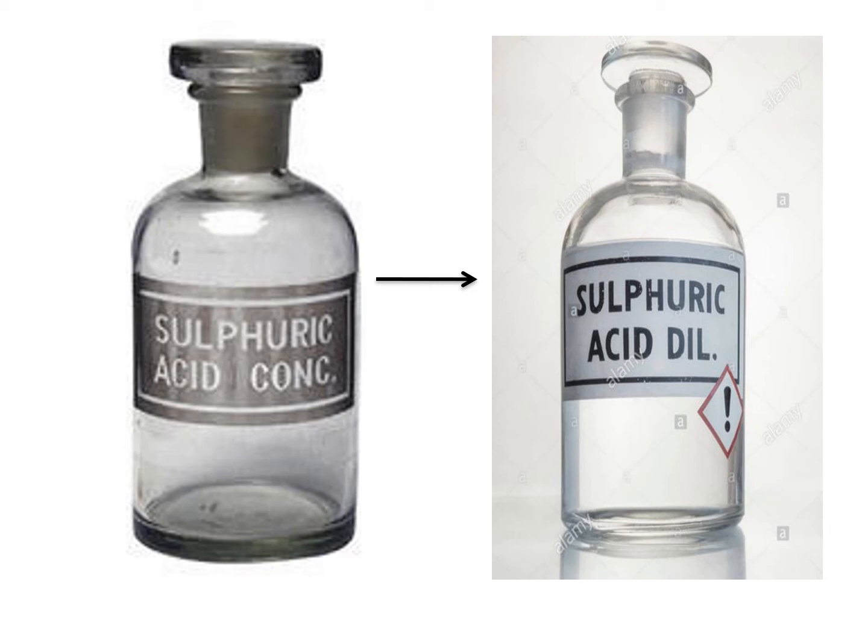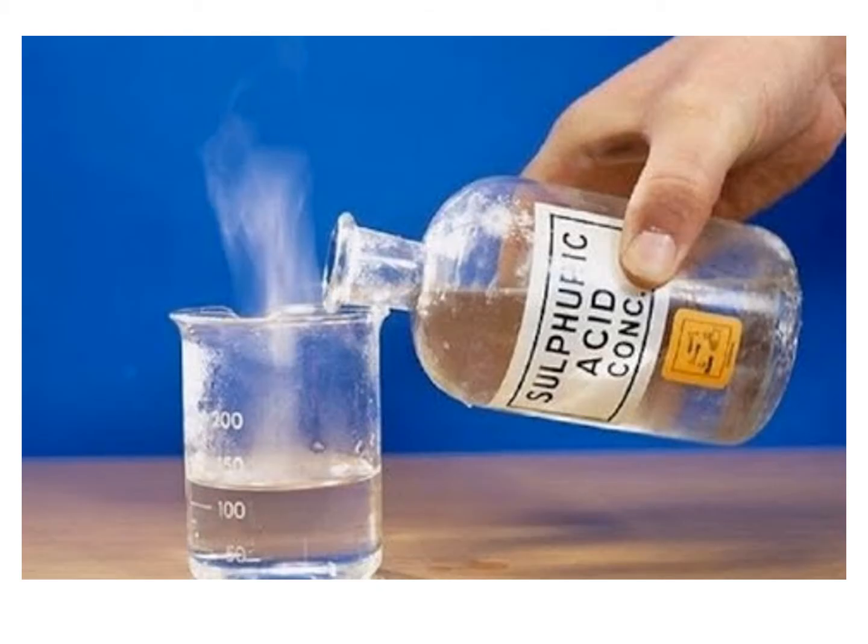That is why what is done is, in water, little amount of concentrated sulfuric acid is added little by little and continuous stirring is done. Because you're doing it in this way, the amount of heat that is liberated is small at a time. So this process of dilution of sulfuric acid is an exothermic process. Why? Because heat is moving out from the solution.